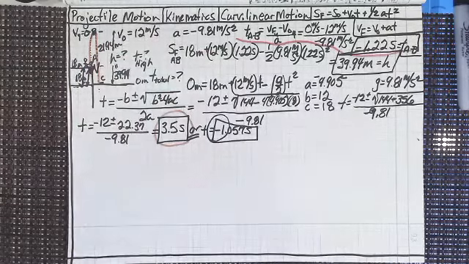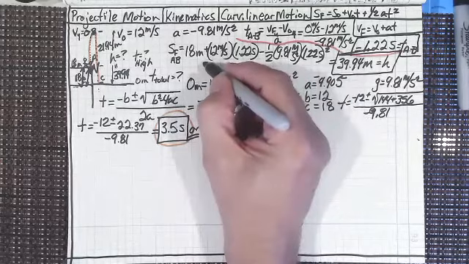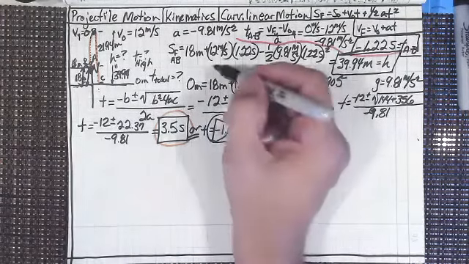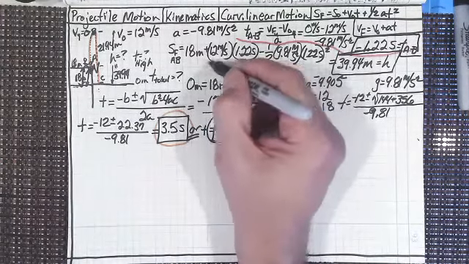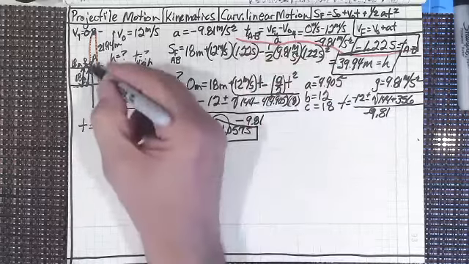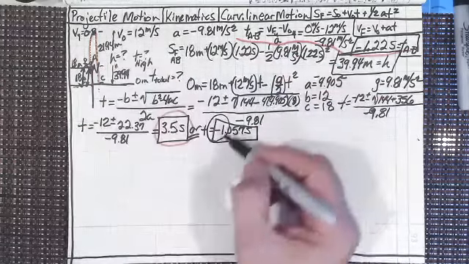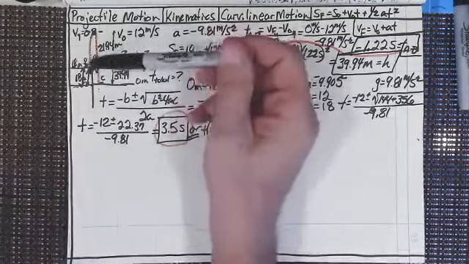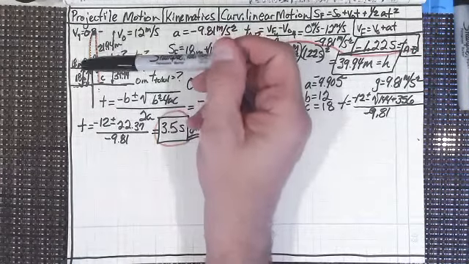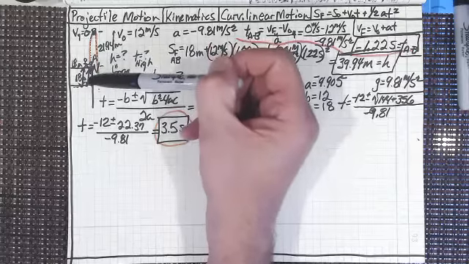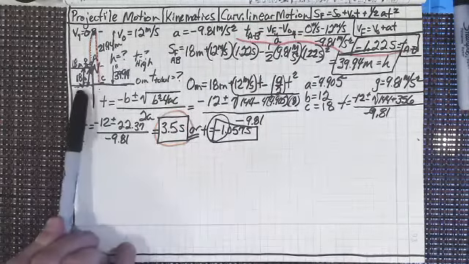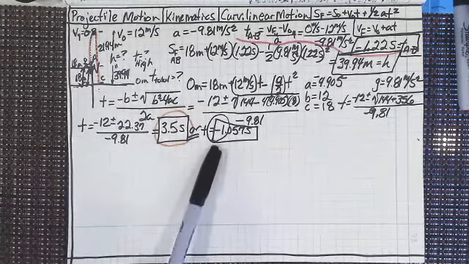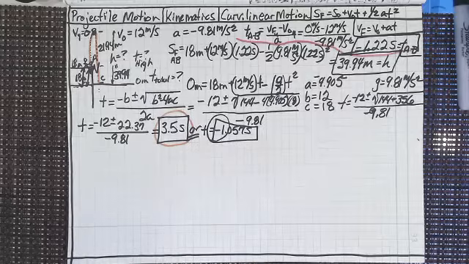So instead of throwing it up at 12 meters per second, I threw it down at 12 meters per second. It would cover that 18 meters in 1.057 seconds.